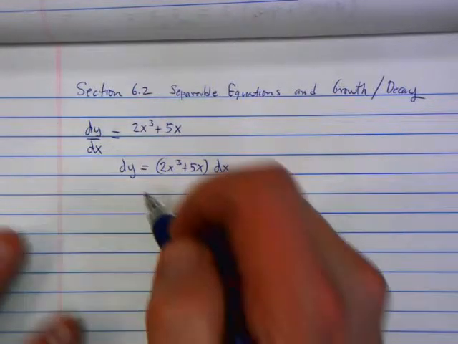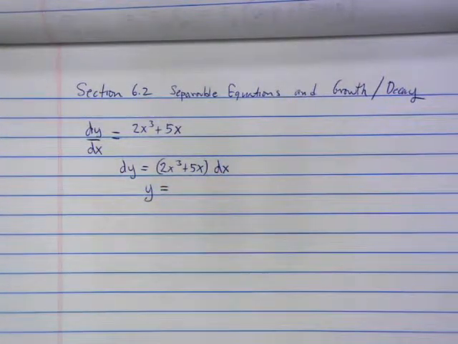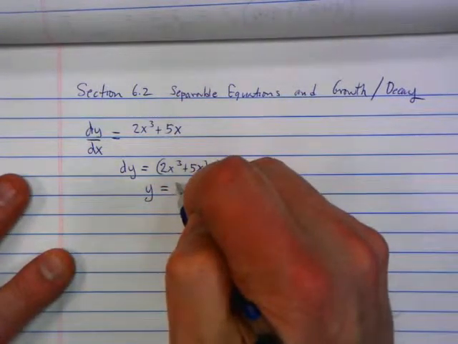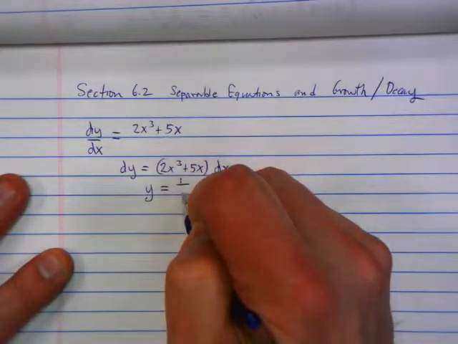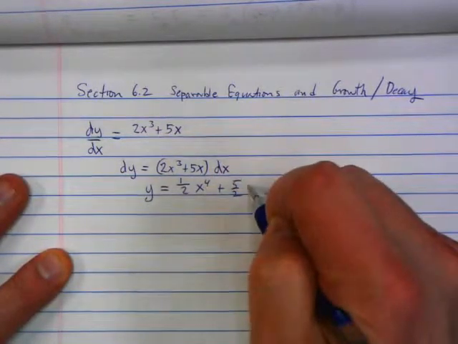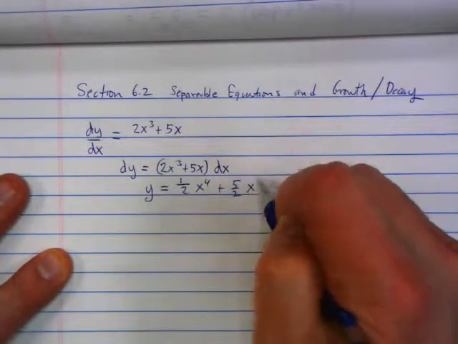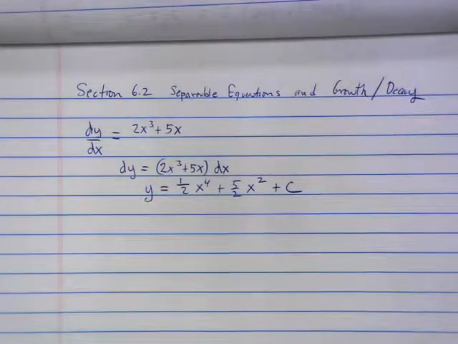You get y equals, what's the integral of 2x cubed plus 5x dx? That's right: 1/2 x to the 4th plus 5 halves x squared plus c.